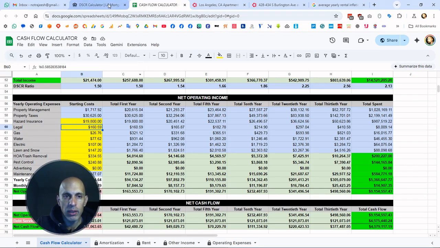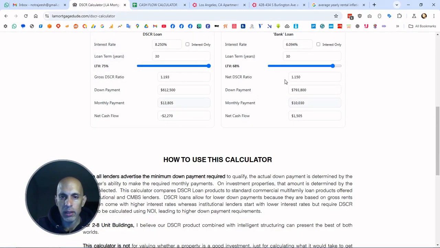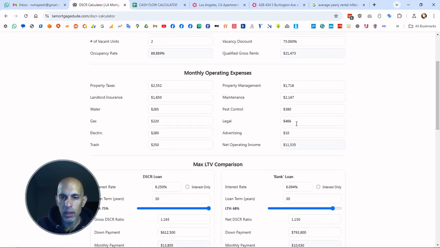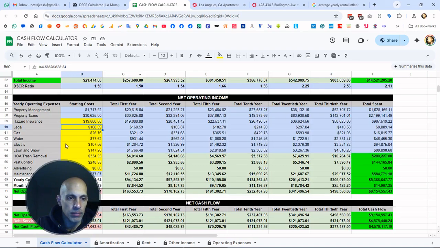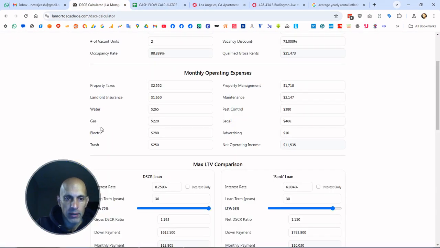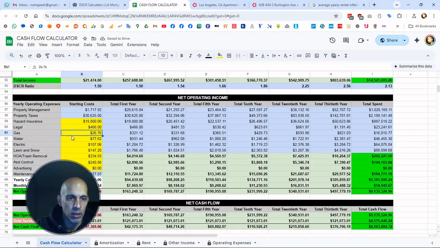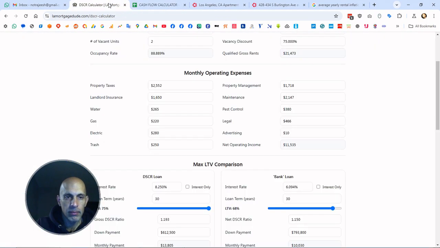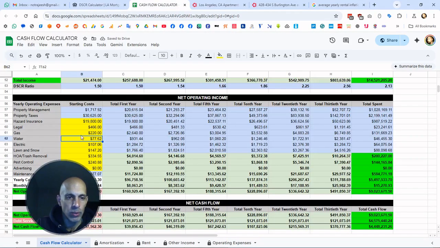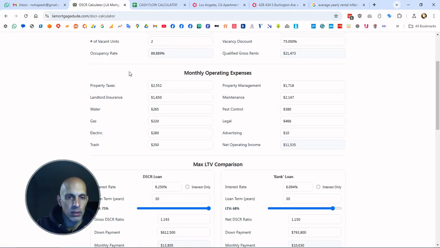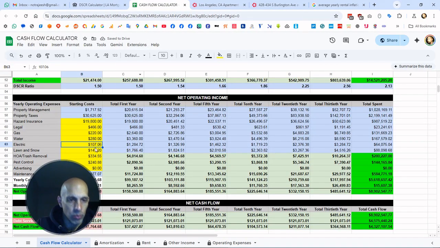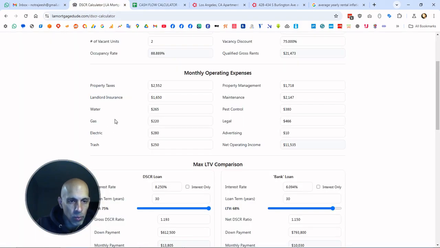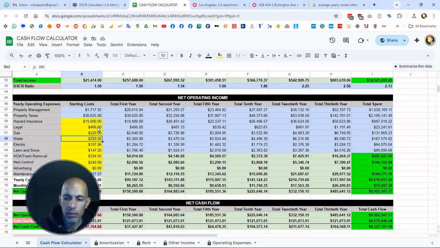Let's see what I put down for legal. Legal, I had it at $466 a month. Then gas, I had at $220 a month. Electric at 280. Did I do that wrong? No, that was water. Water is 265.